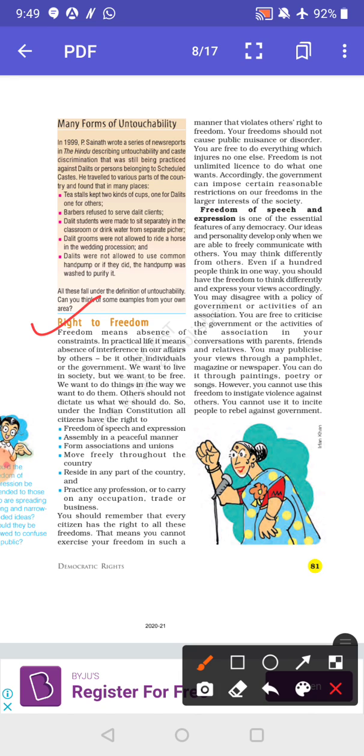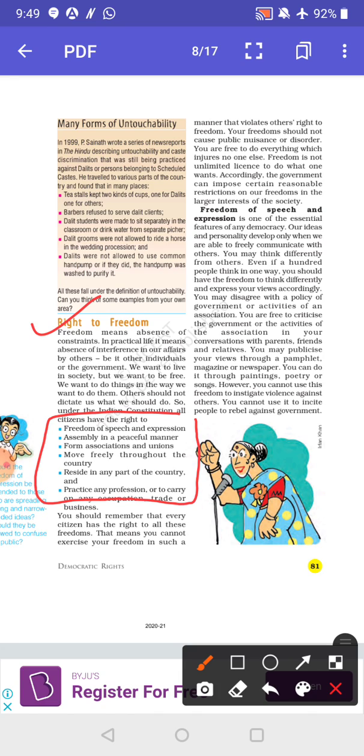If we want to live in a society, we want to be free and we want to do things in the way we want to do them. Others should not dictate to us what we should do and what we should not do. So 6 kinds of freedoms are given under this right to freedom.